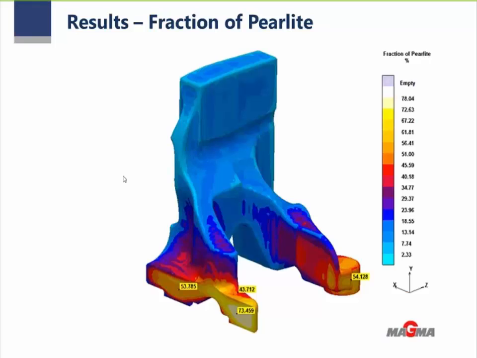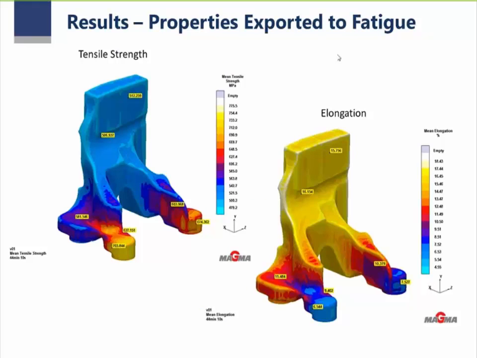At the end you see that the tensile strengths of these two microstructure components are different. So this is very important to consider, because after this variation of the tensile strength for Pearlite or Ferrite, you can use this information, for example, in the fatigue analysis. This is what I'm showing you here.